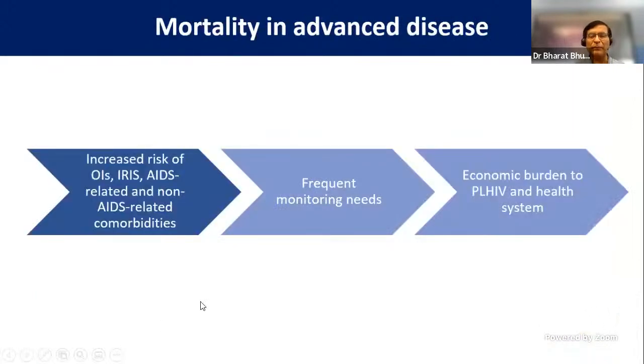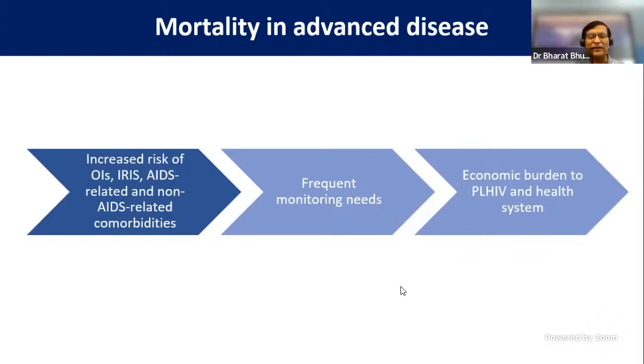We know that people with advanced disease present with different opportunistic infections. They have increased risk of IRIS, because when we start antiretroviral therapy and there is immune reconstitution, they can have IRIS, and they can have opportunistic infections like tuberculosis and cryptococcal infection. So they are at increased risk of opportunistic infections, AIDS-related deaths, and comorbidities.